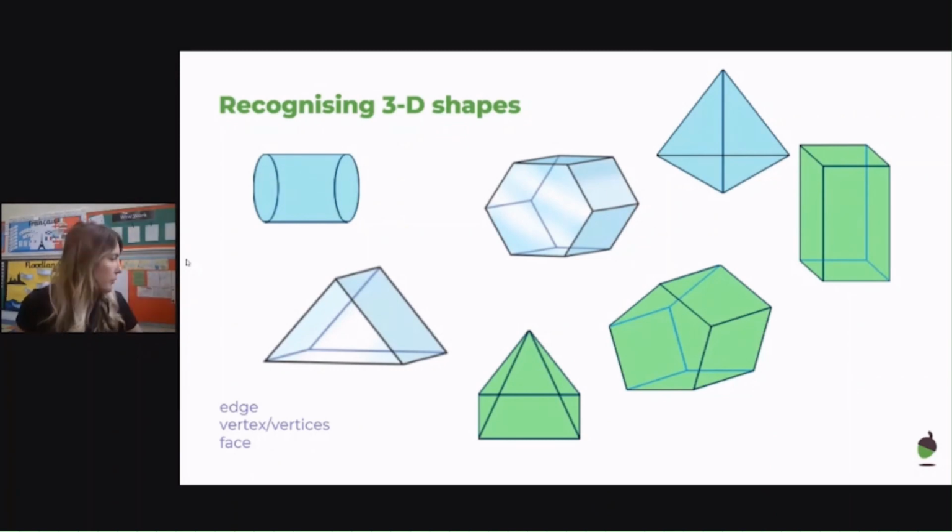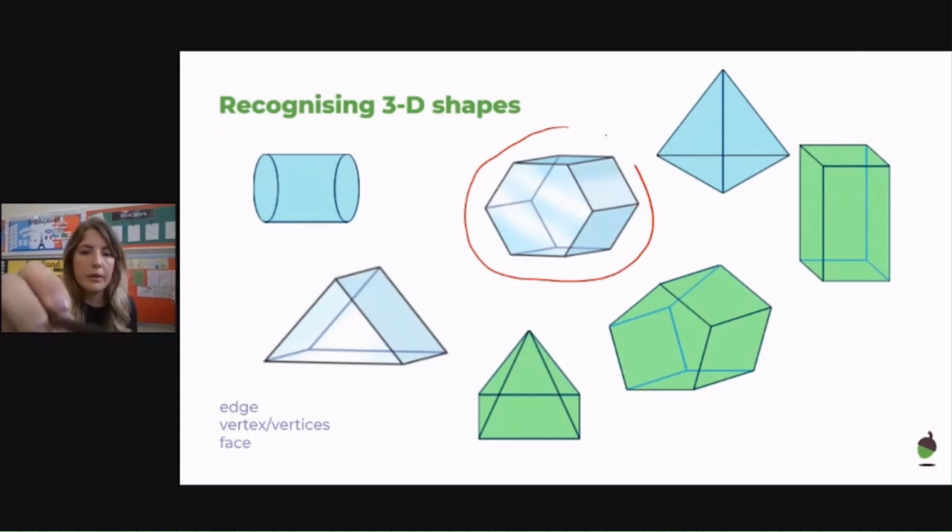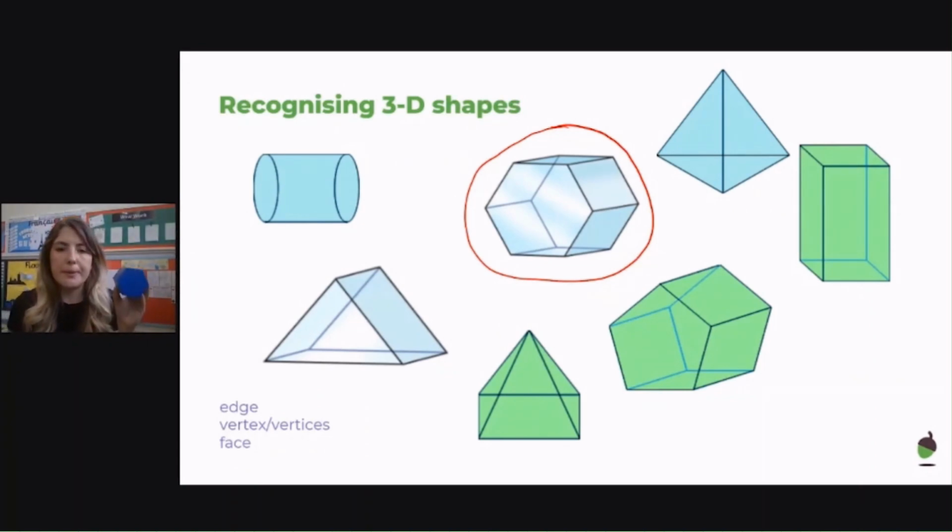We'll look at one more together. So we will look at this shape here. Okay, and I've got it in front of me as well. So first of all, I'm not quite sure what this shape is, but I can see on its face here that it's a 6-sided 2D shape.